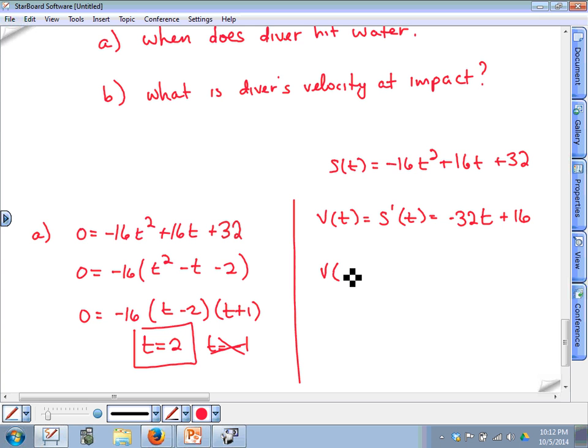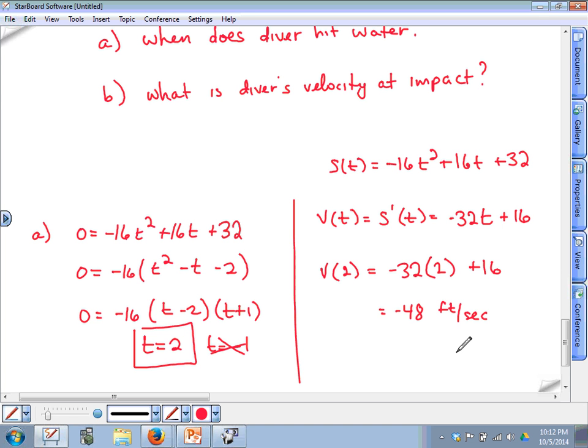So the velocity at 2 seconds would be negative 32 times 2 plus 16. So it's negative 64 plus 16, which is negative 48 feet per second.